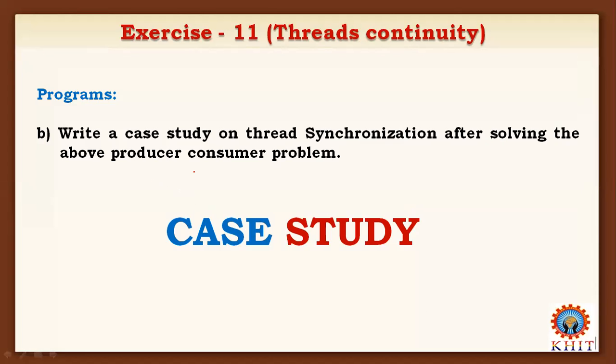Coming to exercise 11 threads, program P: write a case study on thread synchronization after solving the producer consumer problem. This case study should include the type of information in the form of a report, describing how thread synchronization is achieved between the producer and consumer.